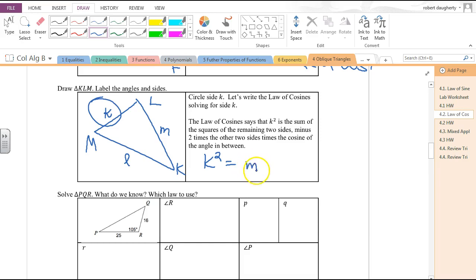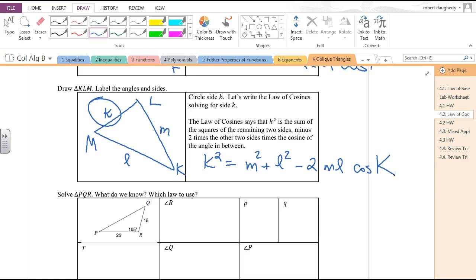Yeah, so M squared plus L squared. And then what? Minus 2 ML, and the cosine of what? Cosine of capital K.